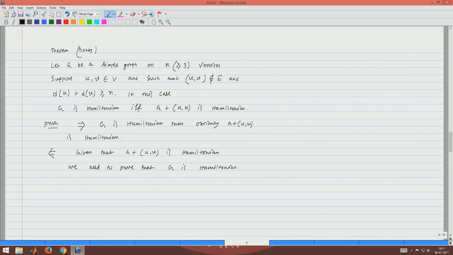Okay, so this part is not obvious. You are given that G plus uv is Hamiltonian, and then G is also Hamiltonian.